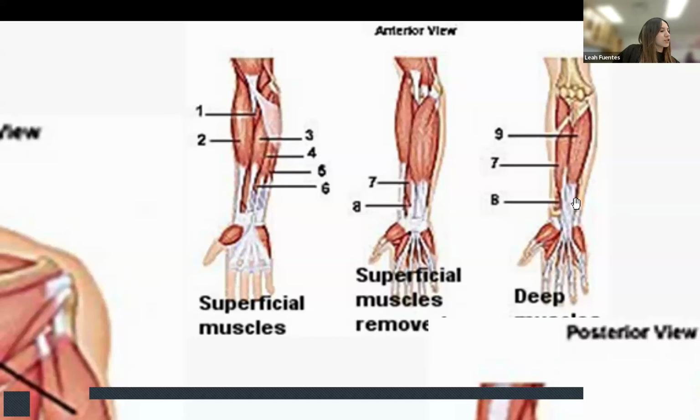No, the first one was the flexor digitorum profundus. Oh. I don't have that one labeled on mine. Pronator quadratus. Oh, you know what? Yeah, the pronator quadratus. Yeah, that's this one. Really kind of hard to see and really in there. Again, they have to be able to label it.